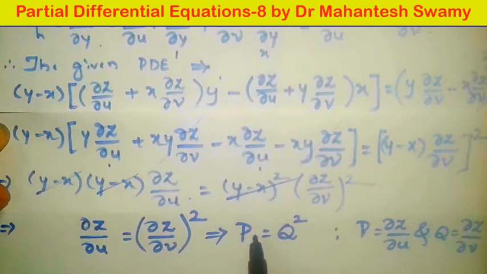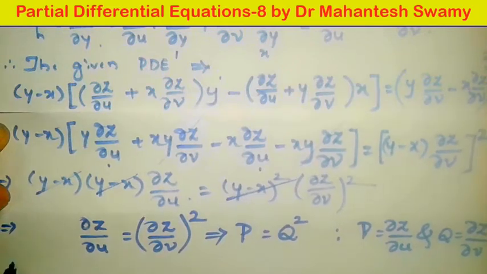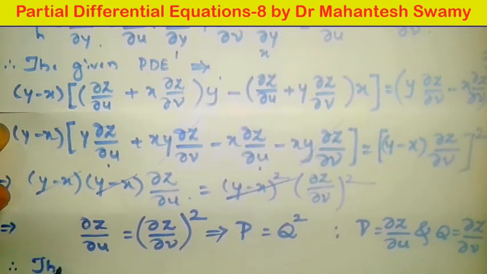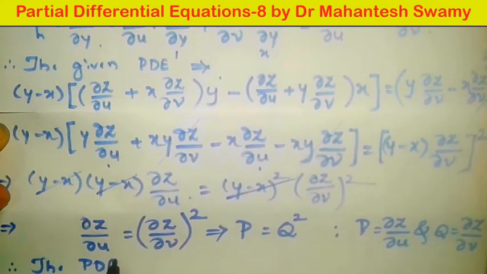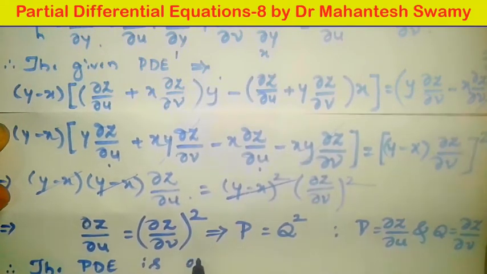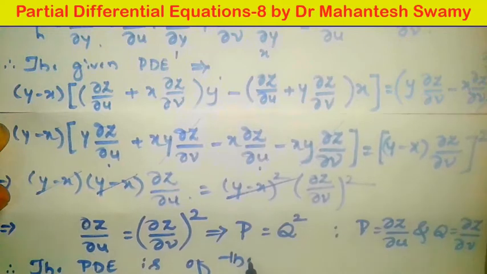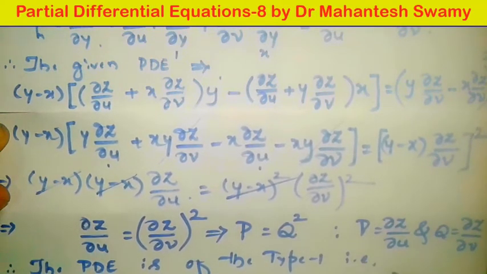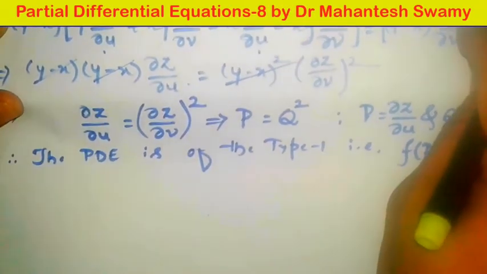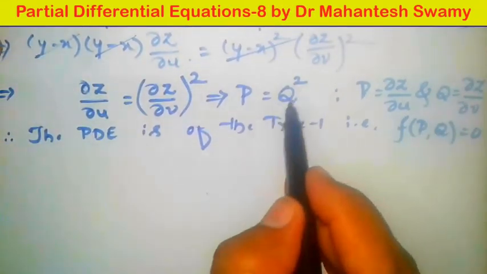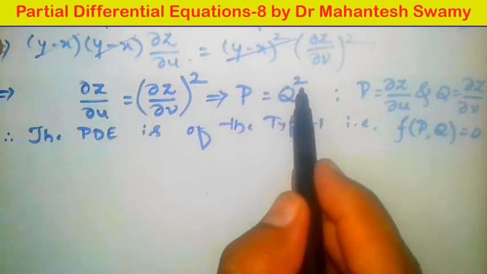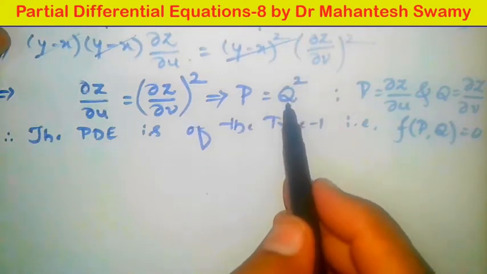So after having this, we come to know that the PDE is of type 1, that is a function of capital P comma capital Q equal to 0. Instead of small p and small q, we have capital P comma capital Q, and we observe the non-linearity on the right hand side, the Q square term, which is the non-linear term.